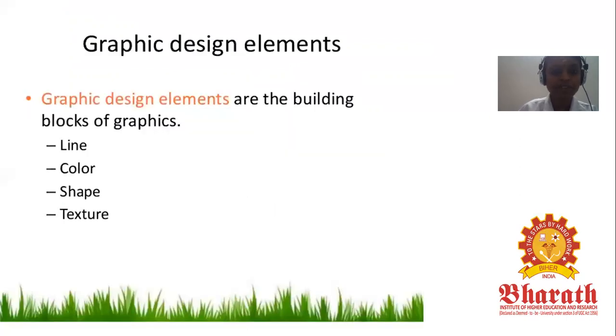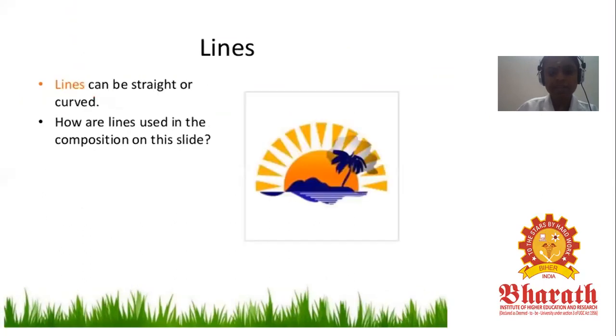Next one is elements in graphic design. Elements are the building blocks of graphics. There are four sectors: line, color, shape, texture. First one is line. Lines can be straight or curved. How are lines used in the compositions on the slides? Lines can be parallel.